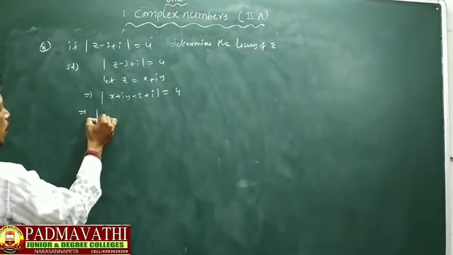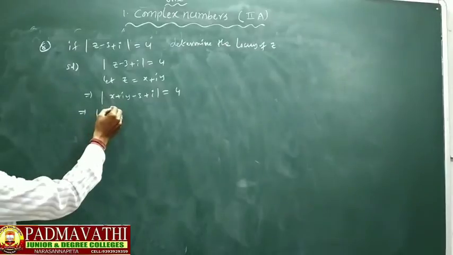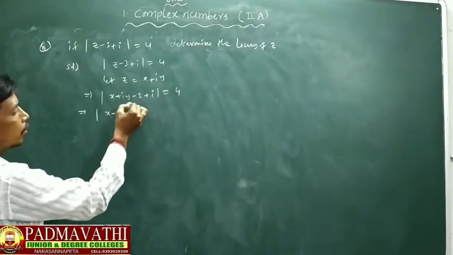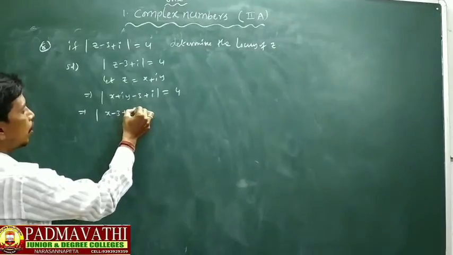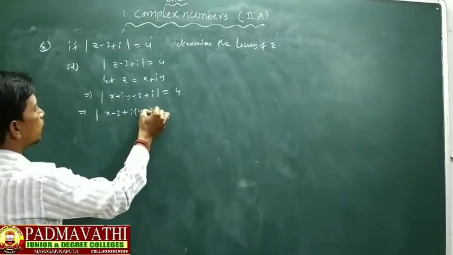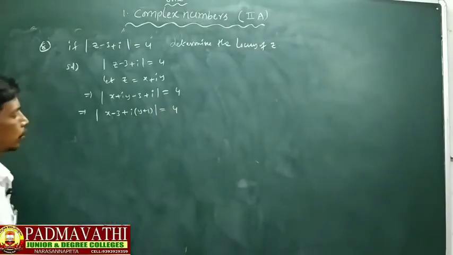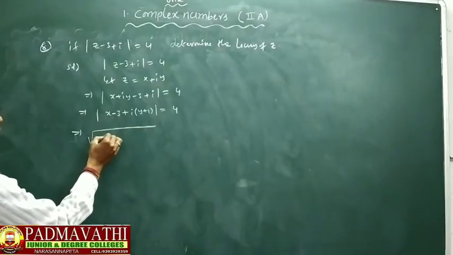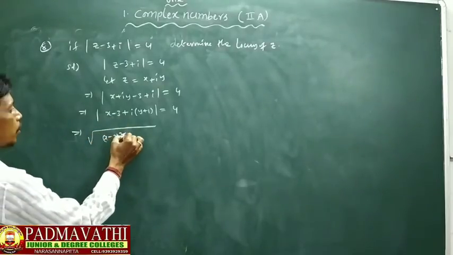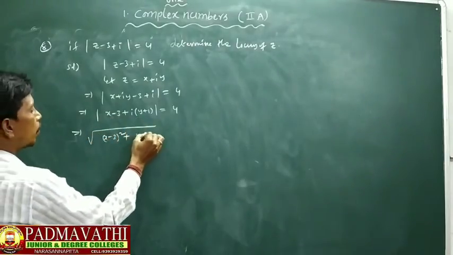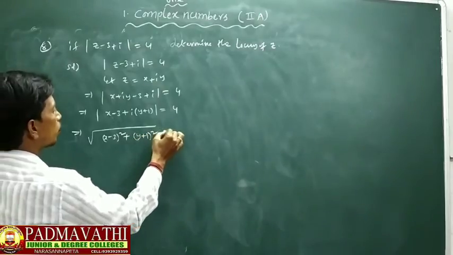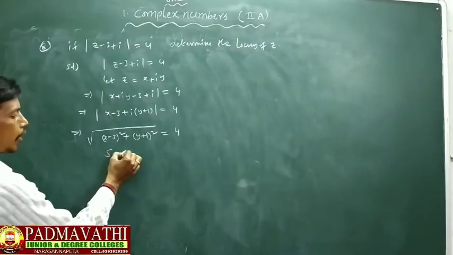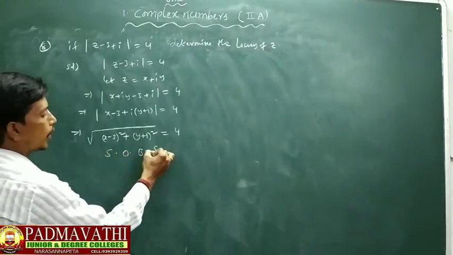That implies modulus. Now separate the real and imaginary parts. x − 3 is the real part. The imaginary part is y + 1, that equals 4. So modulus means square root of real part squared, (x − 3)², plus imaginary part squared, (y + 1)², equal to 4. Squaring on both sides, (x − 3)² + (y + 1)² = 4² = 16.